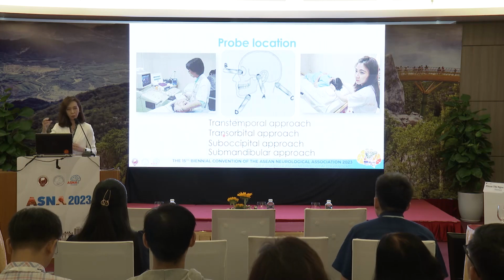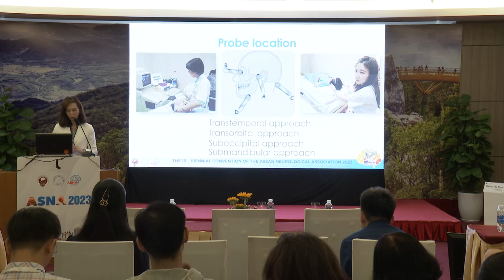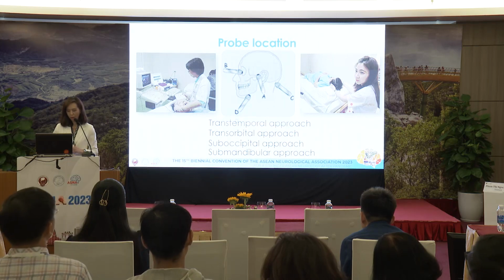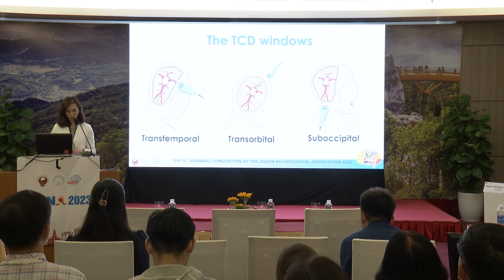Anyway, these are the three common areas where we insonate the vessels: the transtemporal, the orbital, and the suboccipital or transforamen magnum, which is the same area. This is where we usually do the TCD, sitting at one end of the bed. So these are the three windows that are normally done.